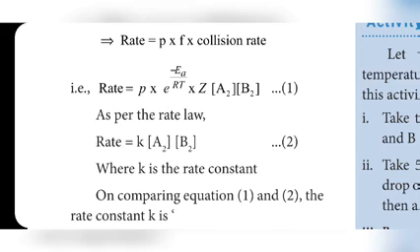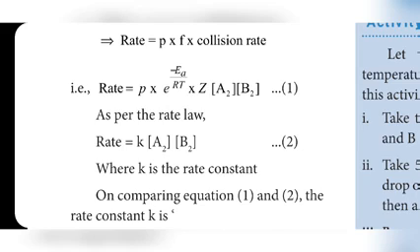Next, even though colliding molecules possess the minimum energy, not all of them are converted into product, because it is based on orientation. If they collide with the proper orientation, then only will they convert into product. If they are not properly oriented, they will not convert into product. So the rate depends on the orientation factor also.